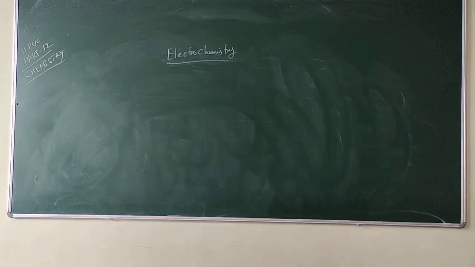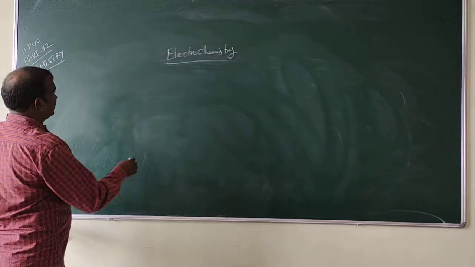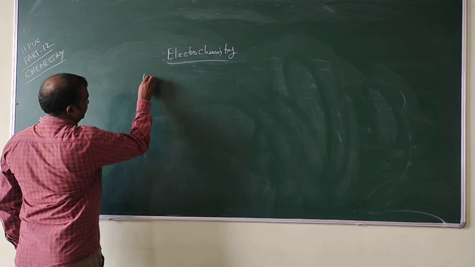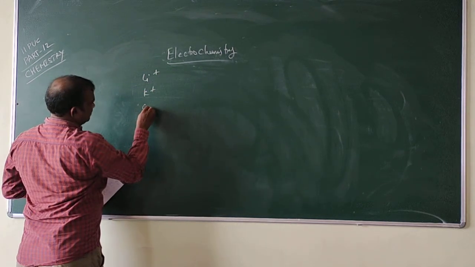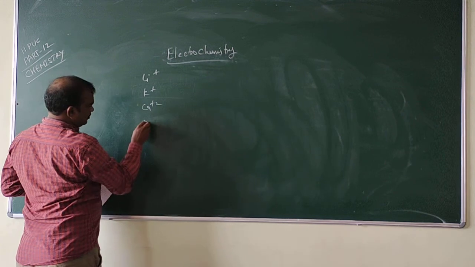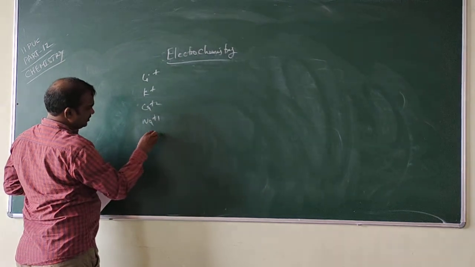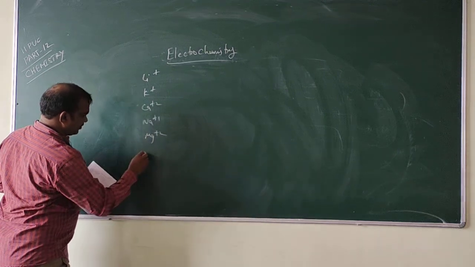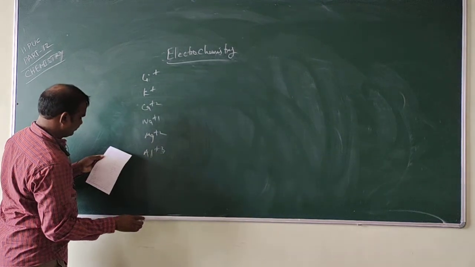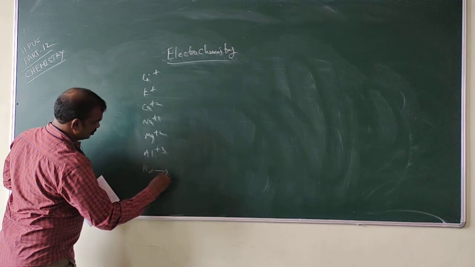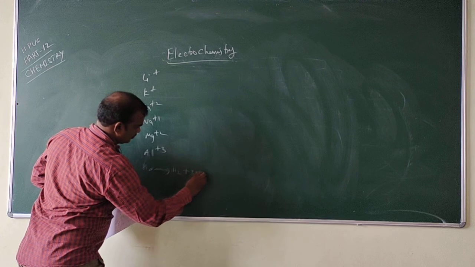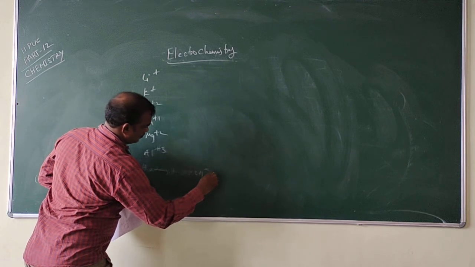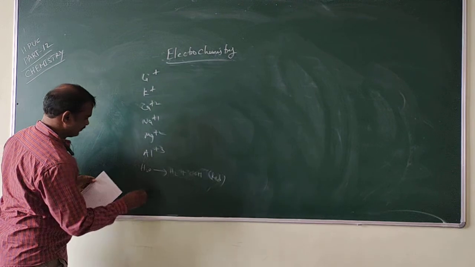Now look here, the series is written like this. Li plus, K plus, Ca plus 2, Na plus 1, Mg plus 2, Al plus 3, H2O on reduction.